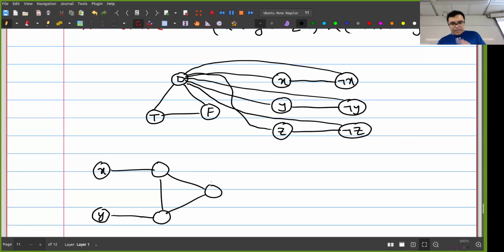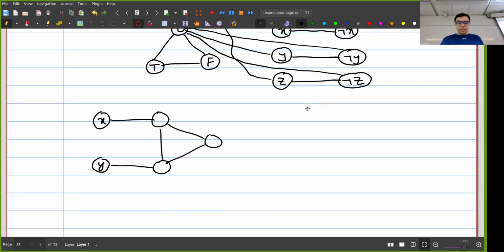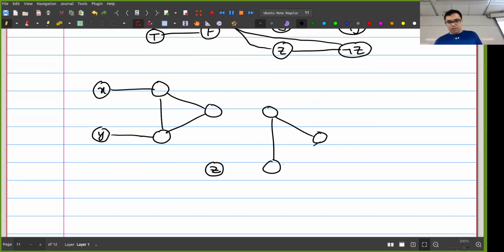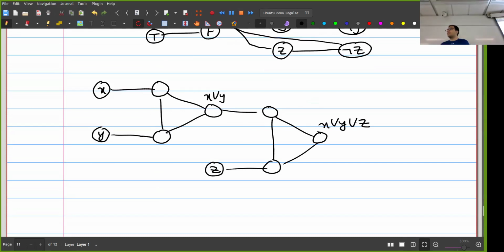And I know that this vertex basically corresponds to X or Y. But I want X or Y or Z. So I'm going to create the same gadget again with Z. So I put Z here. I put two vertices here. I do this. Okay. So this one is now X or Y. This one is X or Y or Z. Okay.